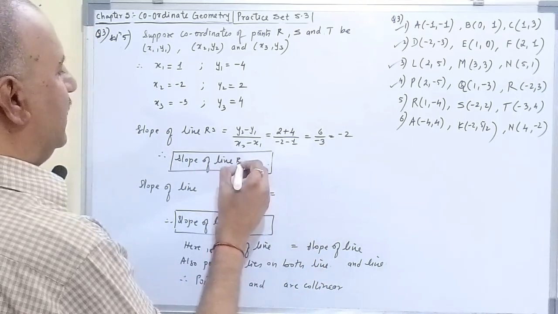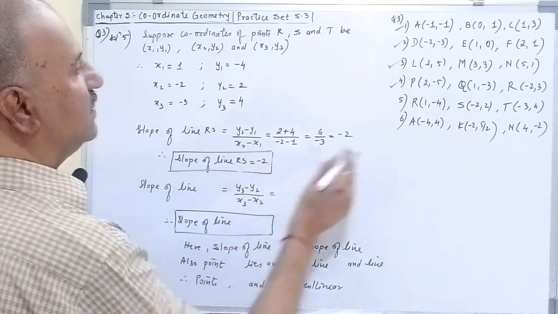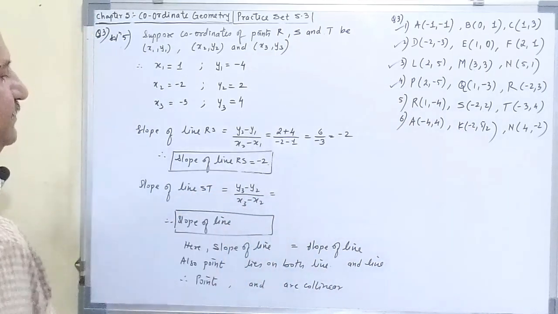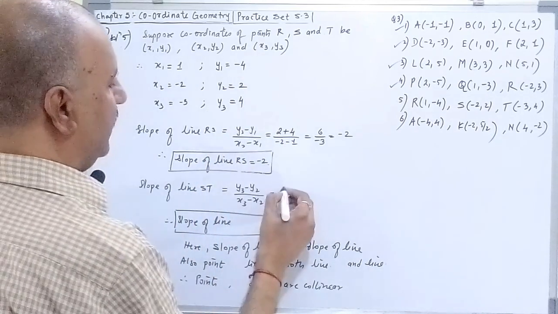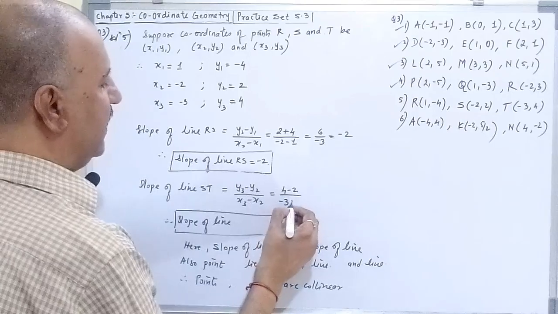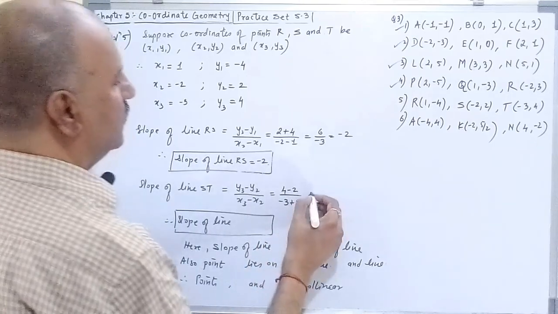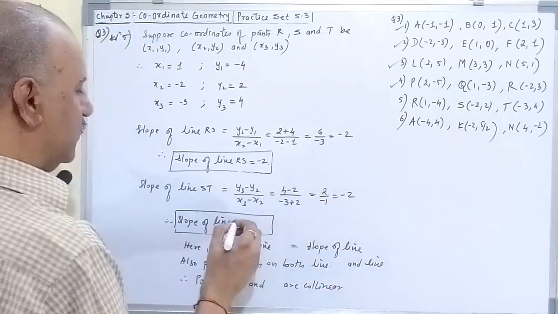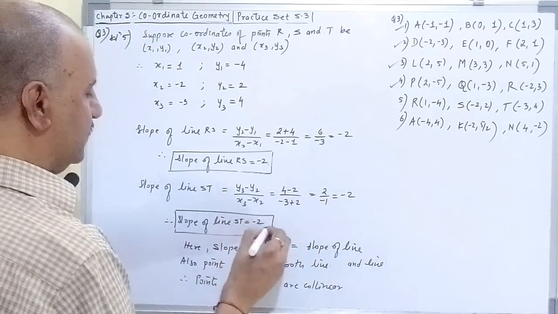So slope of line RS is -2. Now slope of line ST, right? 4 minus 2 upon -3 minus of minus is plus 2. So 2 upon -1 is -2. So slope of line ST is equal to -2.